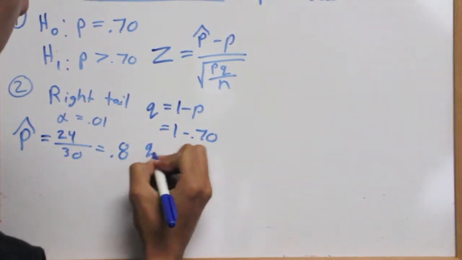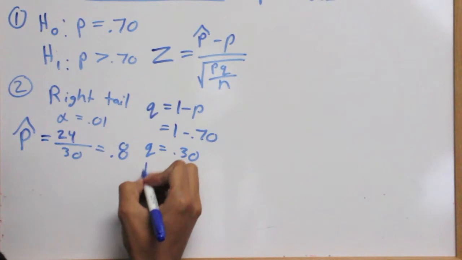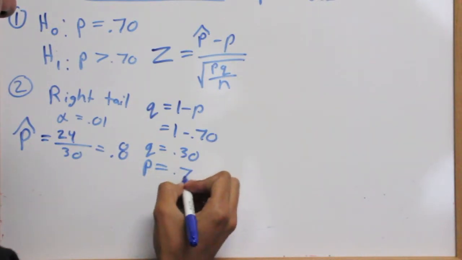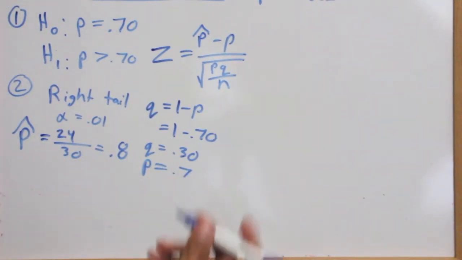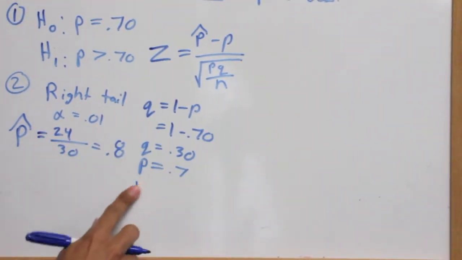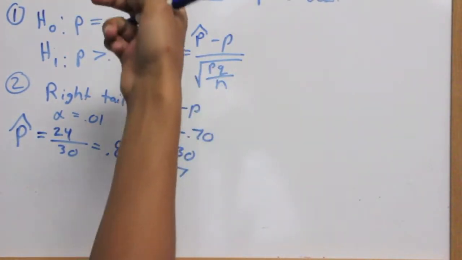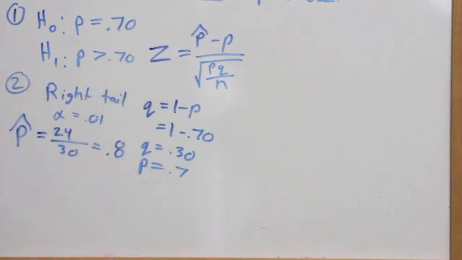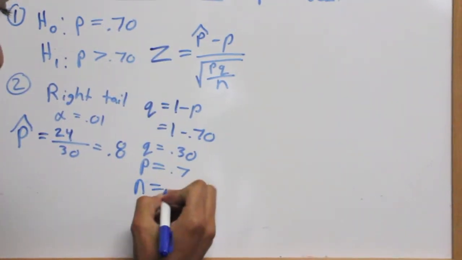So Q equals 0.3, P equals 0.7, P hat is 0.8, and N is the total, which is 30. We'll write that down here.